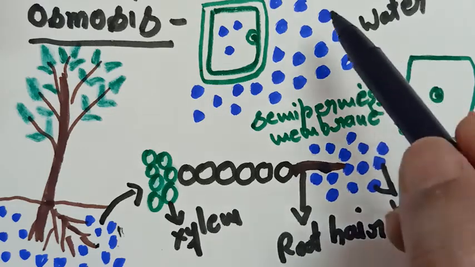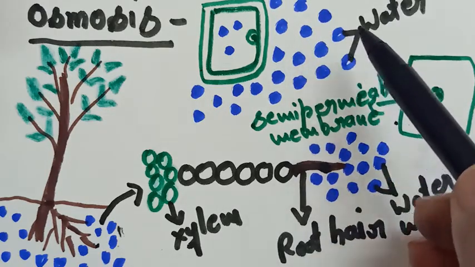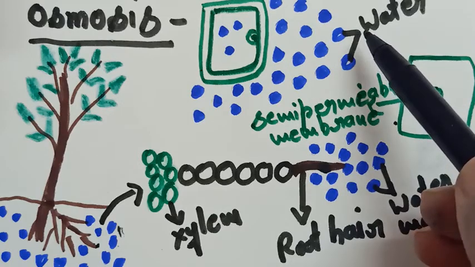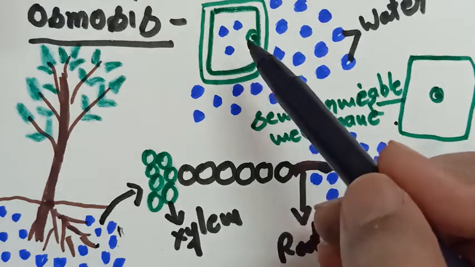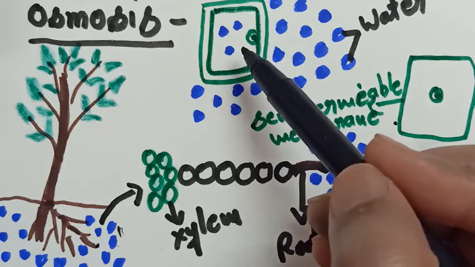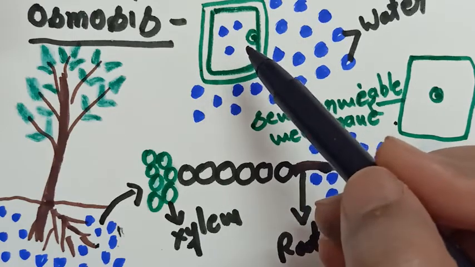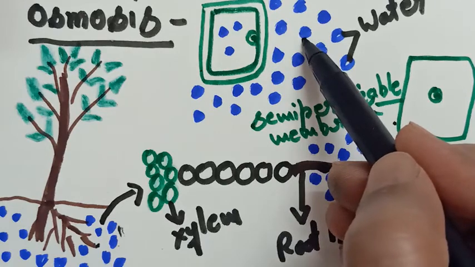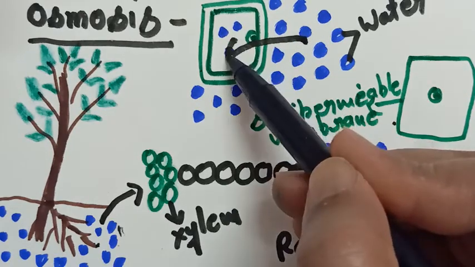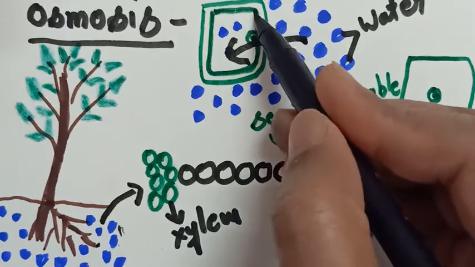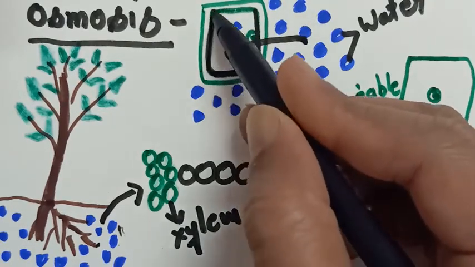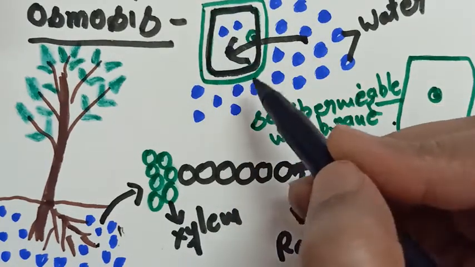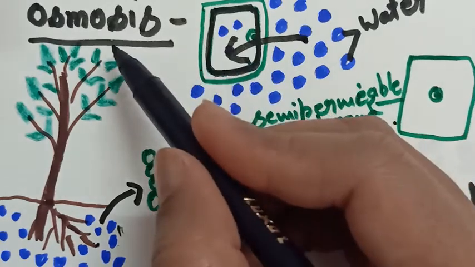So we can say in the surrounding soil the water is present in high concentration, whereas inside the root hair cell the water is present in low concentration, and thus these water molecules will move from the soil inside the cell, okay, through this semi-permeable membrane, and thus this process is known as osmosis.